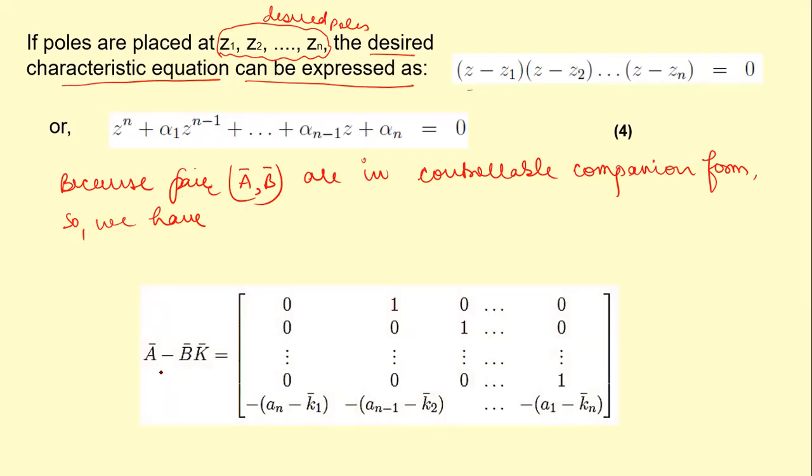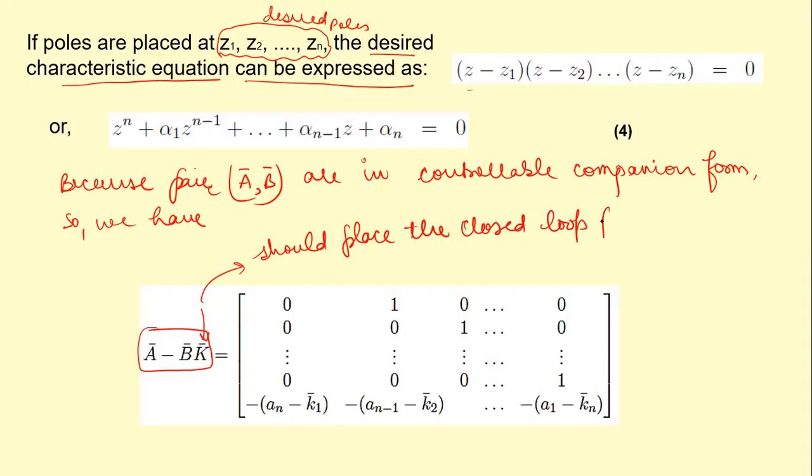So we can get this matrix. So we want that this k bar should place the closed loop poles of A bar minus B bar k bar in the desired location, right?